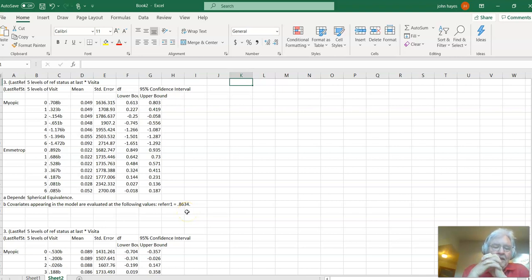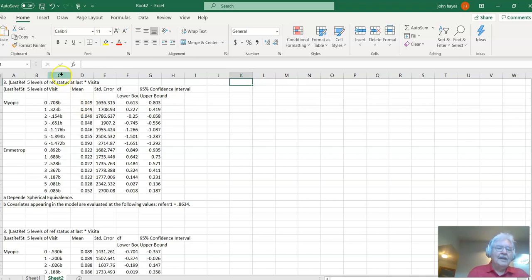So it adds that same constant value, that baseline. That's how it takes away all the variability from all the others. It uses this one mean value, 0.86 diopters, and applies that to everyone. So everybody starts in the same place.